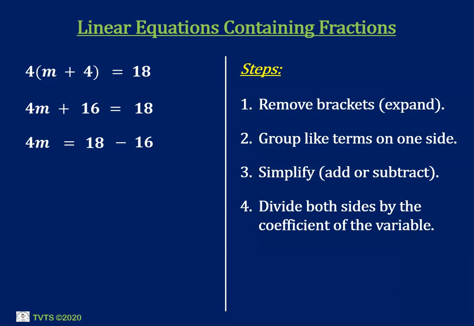The third step is to simplify by adding or subtracting like terms. For the variable term, we have only 4m. And for the number terms, we have 18 minus 16 to be 2.